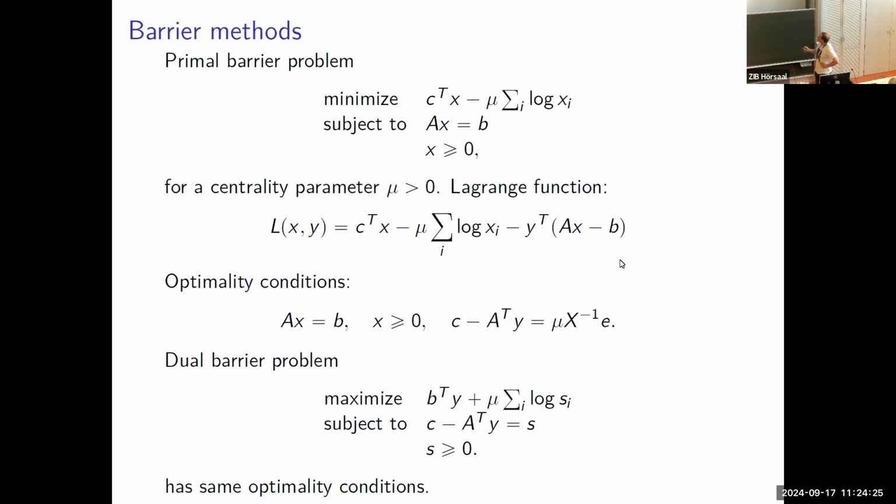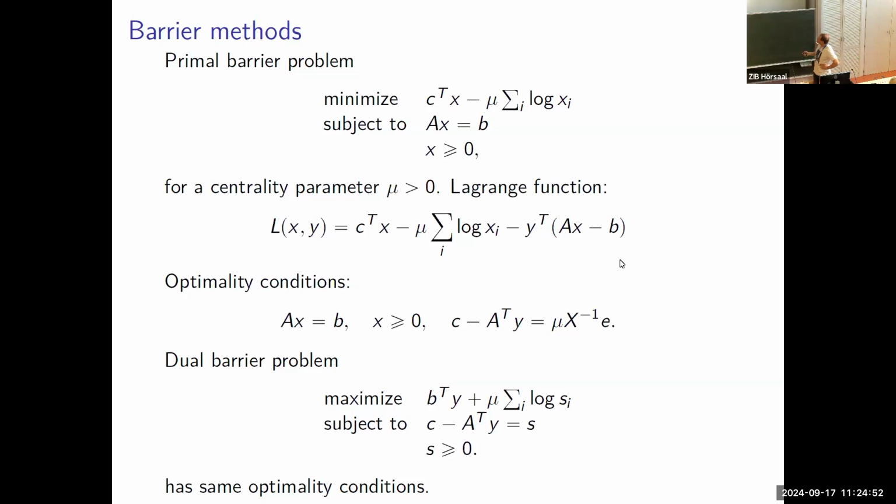So this would be the primal barrier problem, and it's for a specific centrality parameter mu that is greater than 0. So if we say what is the Lagrange function for this, we write it out. It's just the objective and then y transpose the constraints. Then we immediately see optimality conditions.